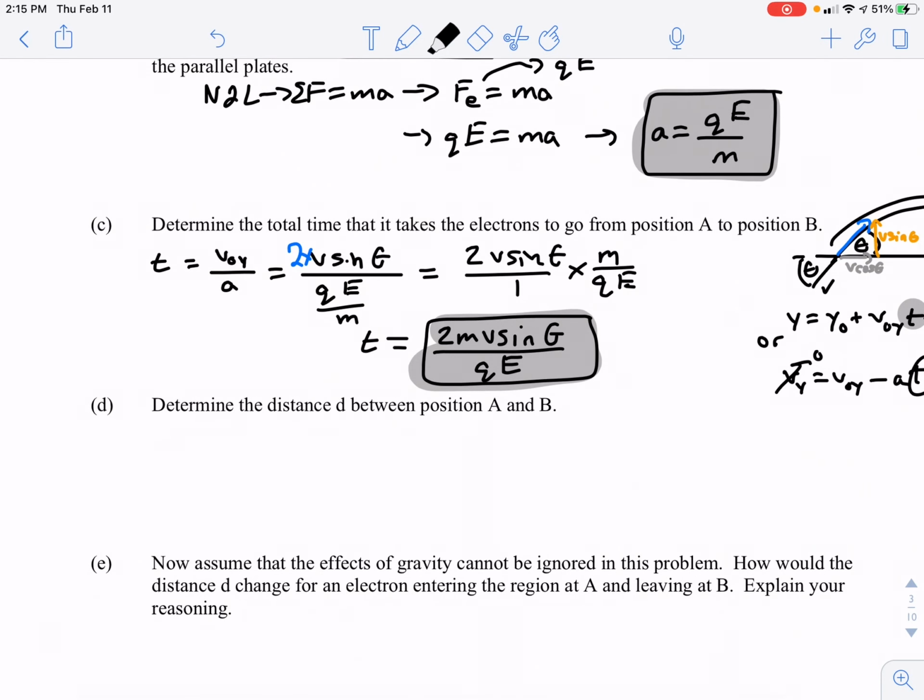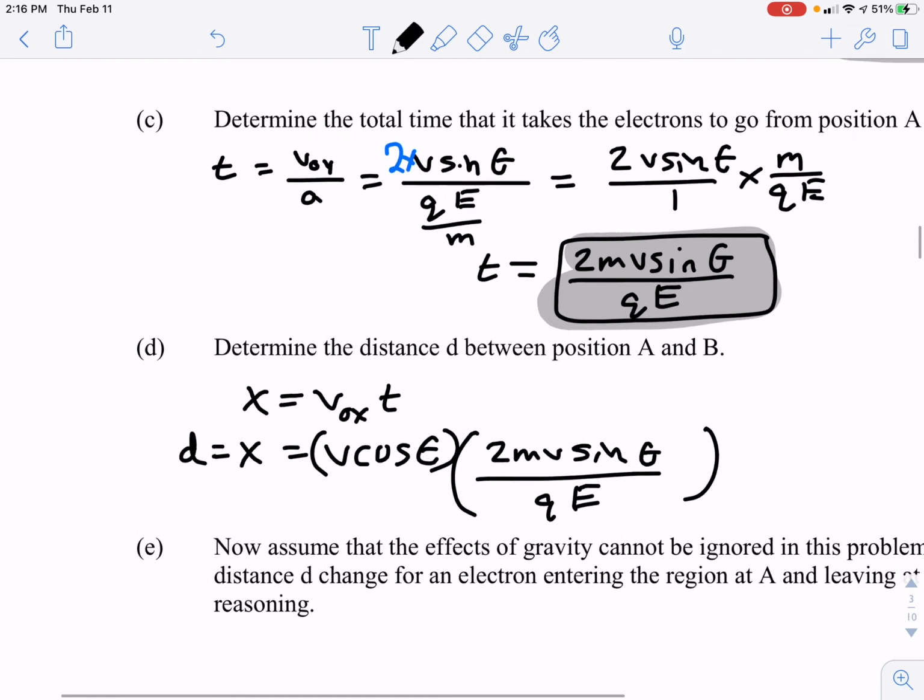Determine the distance between these two. Well, that could be solved by looking at this very similar to a projectile, in which case we would use v naught x times t. Now x is equal to d, the distance, and v naught x would be v times the cosine of the angle times all of that, which would be the time, 2mv sine theta over qE.